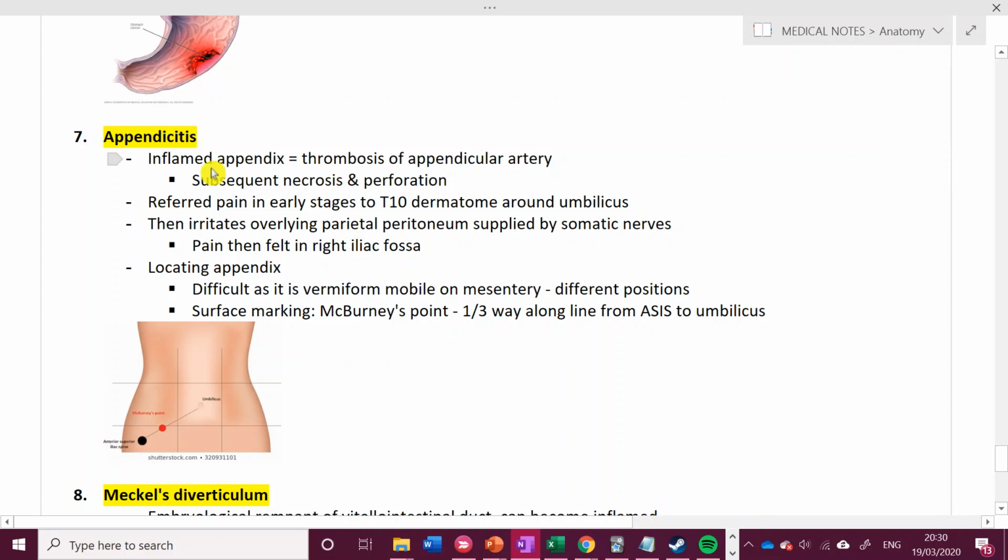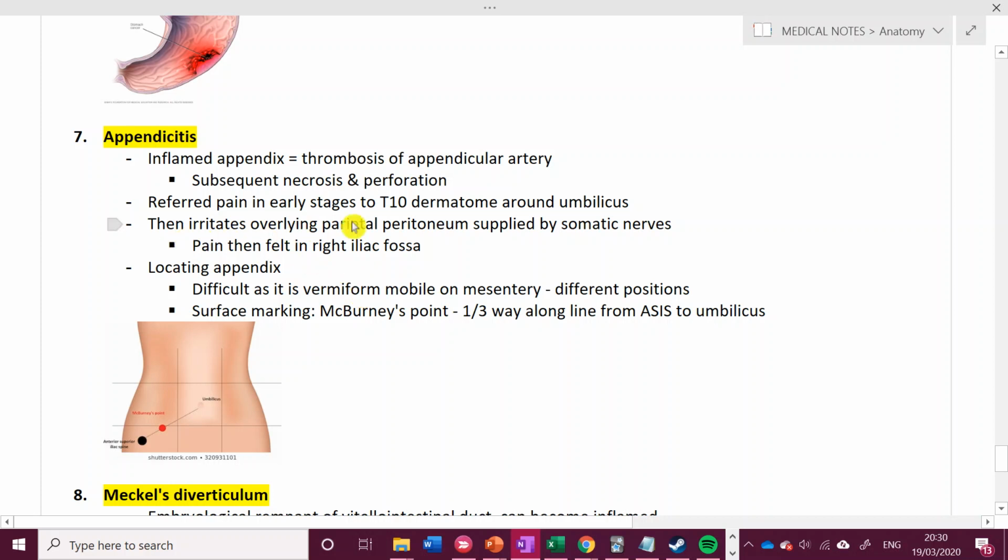Appendicitis is quite common. It's the inflamed appendix, which causes thrombosis of the appendicular artery, which, as we saw, supplies the appendix, and this causes subsequent necrosis and perforation. Now, referred pain in the early stages, so the pain migrates throughout the course of the infection.